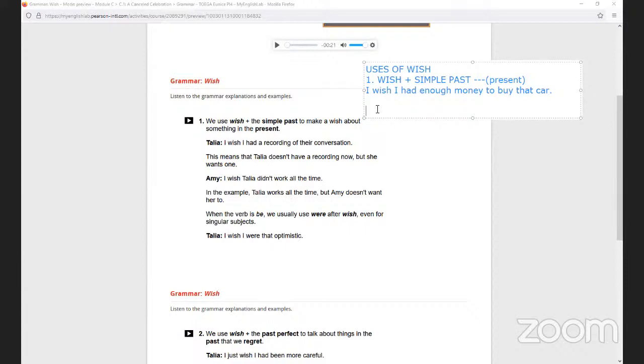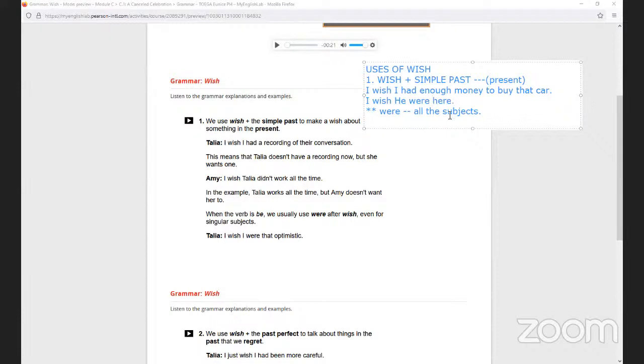And what happens here? In this case, we have a special part. When we want to use the verb to be in simple past, we are going to use were for all the subjects, okay? All the subjects. For example, I can say here, I don't know, I wish maybe he were here.